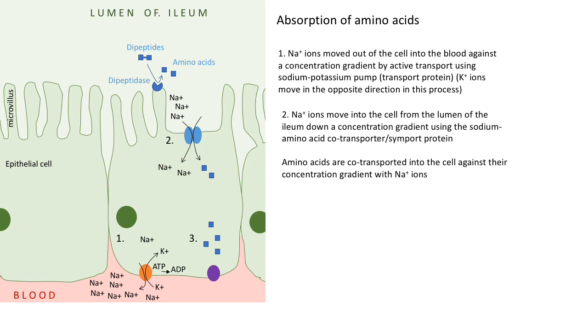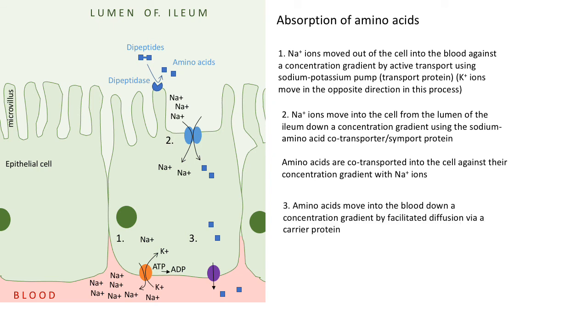So finally, step 3, we now have a high concentration of amino acids compared with the blood. So a high concentration of amino acids in the cytoplasm of the epithelial cell compared with the blood. So these can diffuse down their concentration gradient into the blood through a carrier protein by facilitated diffusion. That's how amino acids end up in the blood.